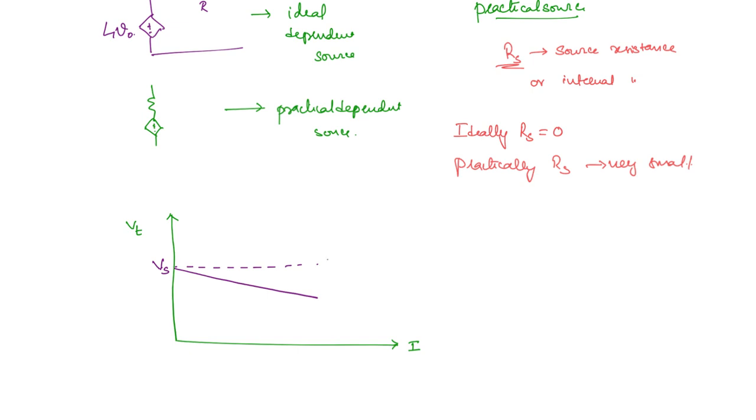So this is for the ideal source and this is for the practical source. This line is nothing but Vt is equal to Vs minus I Rs.